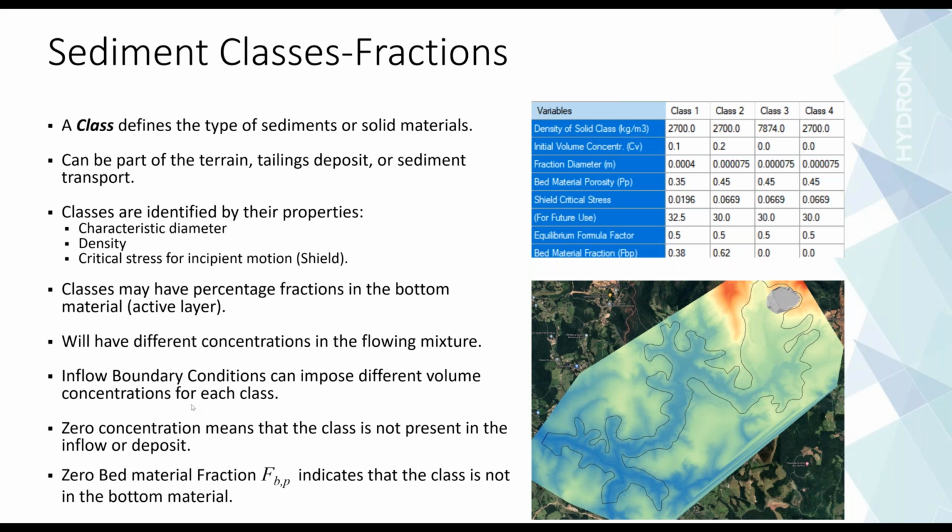So the class is a key concept that we added to the model so that you can mix and match different materials, not only existing as initial conditions, but also in the terrain and in the coming tributaries that you may have in your application.